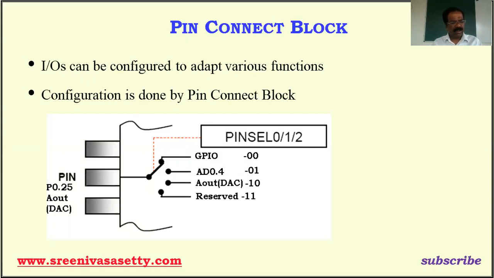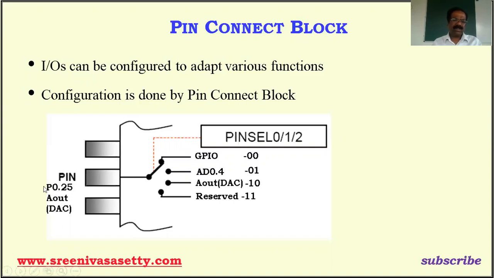Under port 0, we have 32 lines, 32 pins. Under port 1, we again have 32 pins, but out of these, the first 16 pins, P1.0 to P1.15, are reserved. The rest of the bits are available to the program.